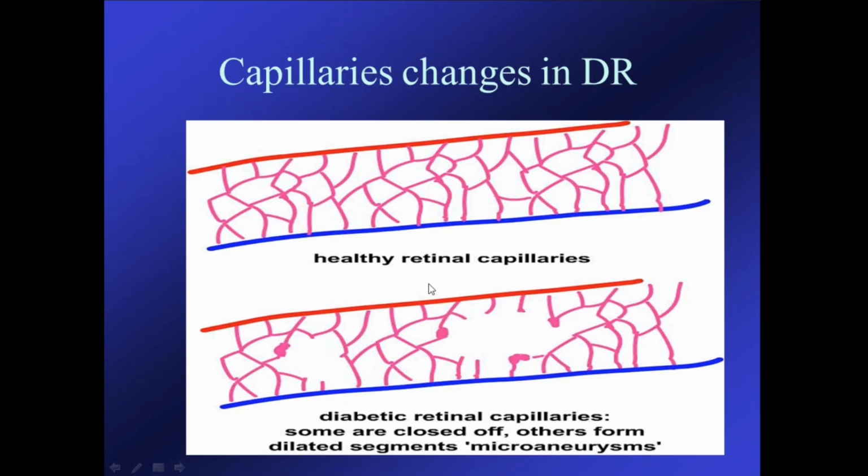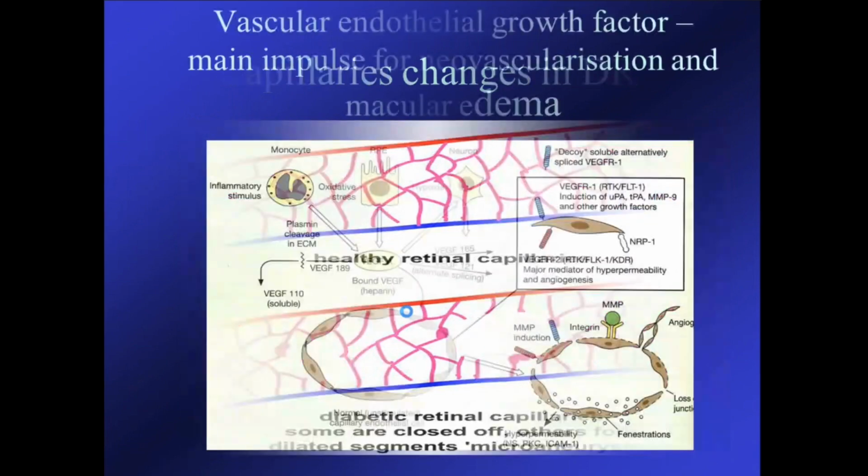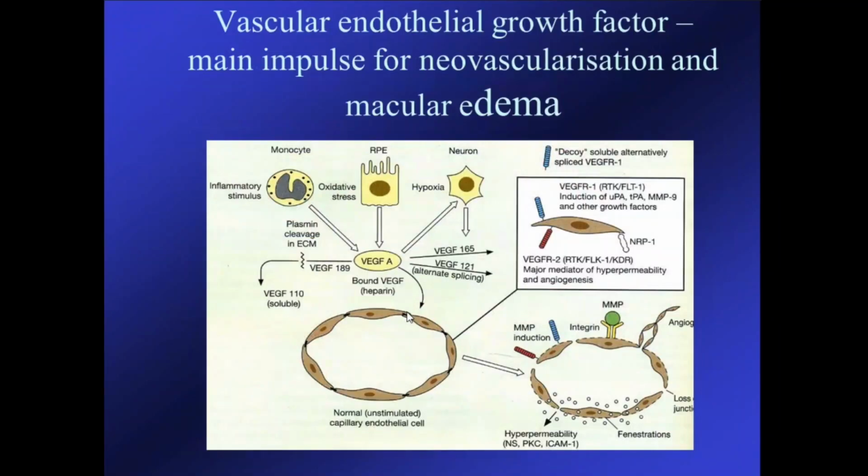And here you can see that this area does not receive nutrition. This is an ischemic area, and this ischemic area produces vascular endothelial growth factor, and this factor is the main impulse for neovascularization and macular edema. Rather a difficult way, but you should remember it just in general.